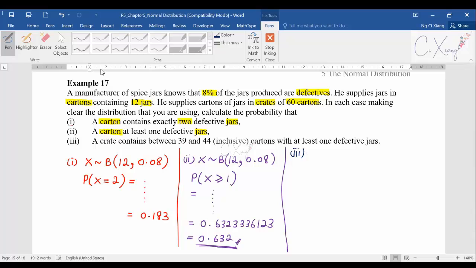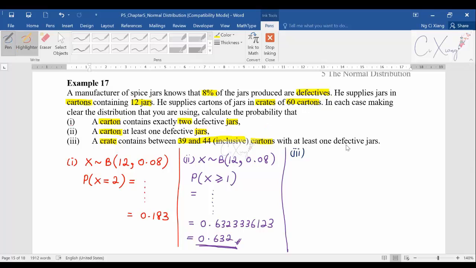For part number 3, now they are talking about a crate containing between 39 and 44 inclusive cartons with at least one defective jar. Can you tell me now, what are they focused on? Are they still focused on the number of jars or not? No, they are talking about cartons, 39 to 44 cartons.